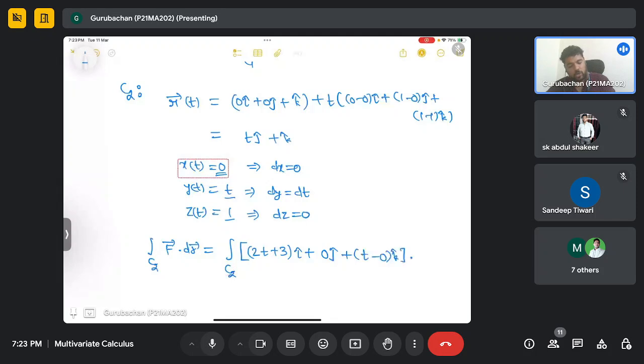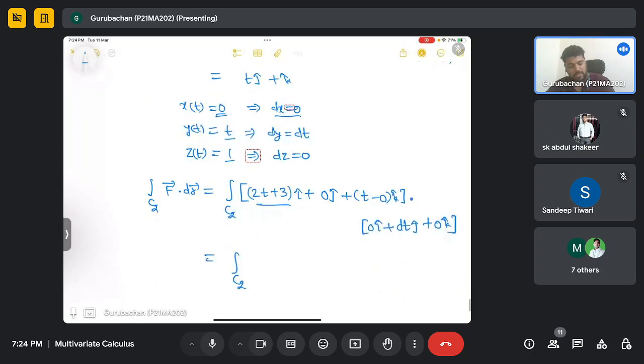And dot product this with 0 i cap, since dx is 0, plus dt j cap plus 0 times k cap. So from here, our first term is 2t plus 3, but here is 0. So it will give you 0. Here it is 0, it is dt. So it will again give you 0. It is t minus t, or it is 0, again 0. So again this integral contributes 0.